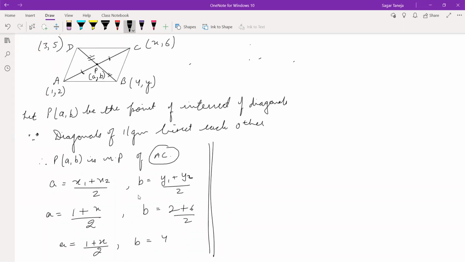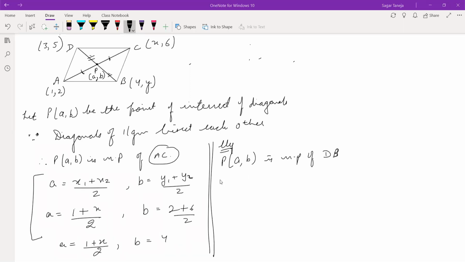you can write downward if you do not have any space. I have space here, so I'm writing this side. Similarly, P again we can say is the midpoint of the side DB. I am using this formula for the first time, I guess, till now. I have not used it, but I told you in the beginning that this formula also we can use.